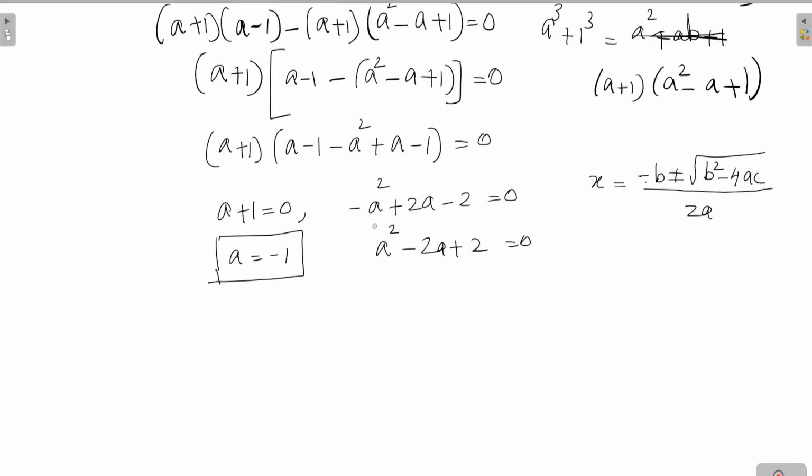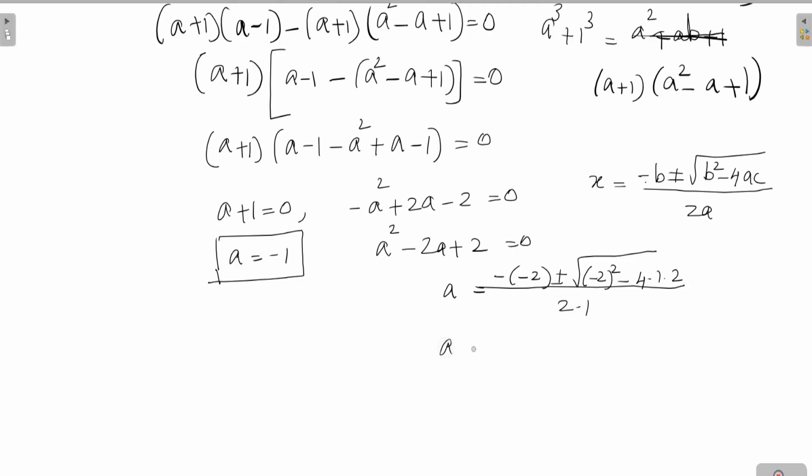So a equal to minus of minus 2 plus or minus square root of b square, so minus 2 the whole square, minus 4 times a times c. The coefficient of a square is 1, and the c value is 2, the whole divided by 2a, so 2 times 1.